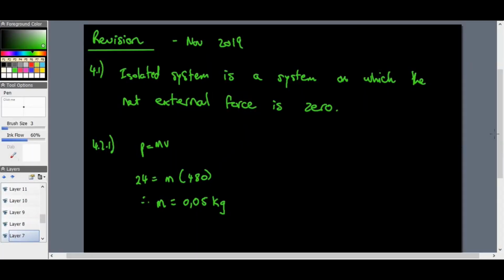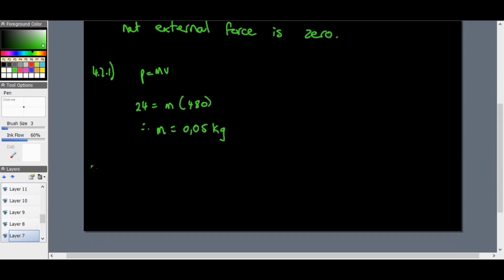So this is how I'm going to calculate it for 4.2.2. I'm going to say F net times delta t is equal to the change in momentum. To narrow this down, F net times delta t must equal the mass times velocity of the bullet final minus the mass times velocity initial, MVi.